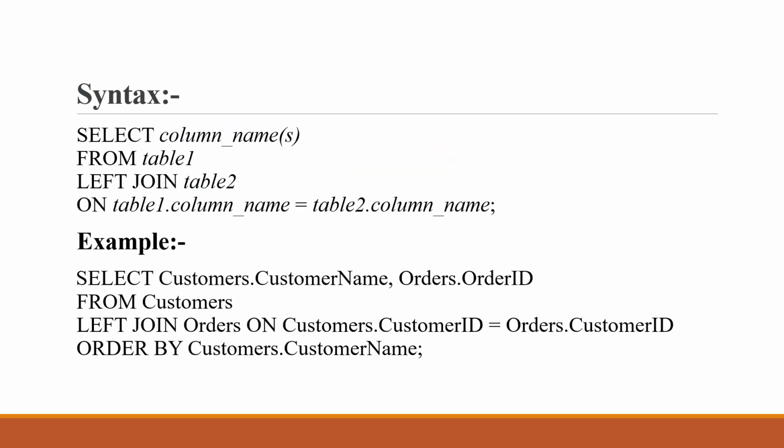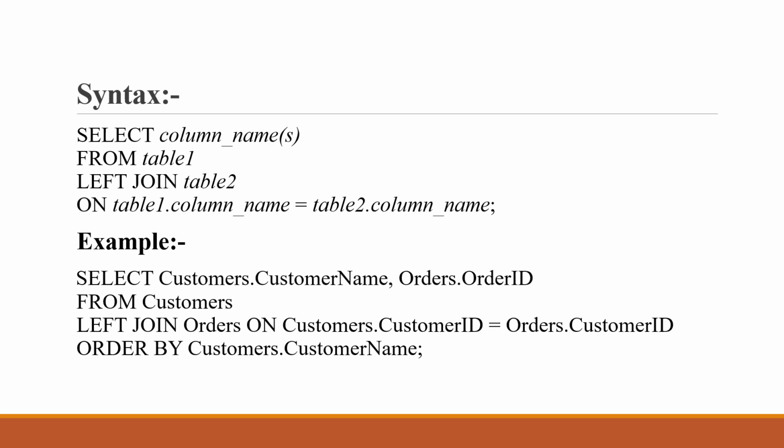This is the syntax of left join. Select column name from table 1 left join table 2 on table 1 column name is equal to table 2 column name semicolon.